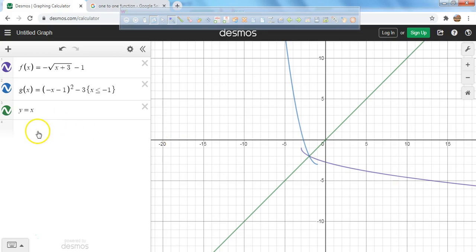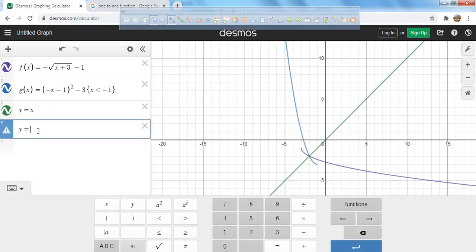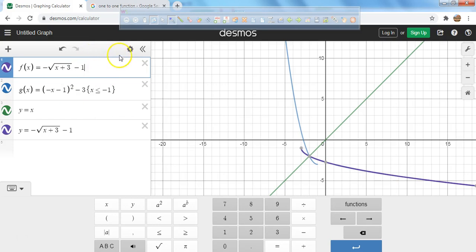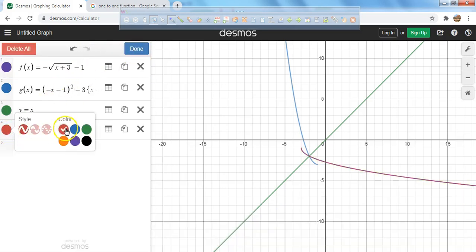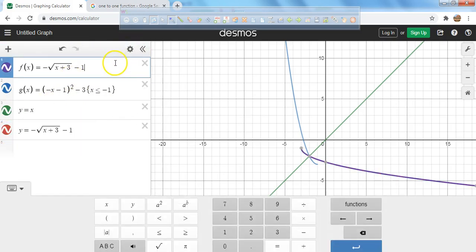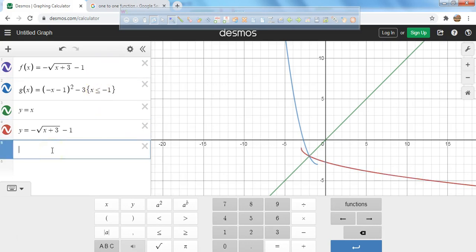Now, check this out. If I said y equaled negative, which I'm just kind of rewriting here, the square root of x plus 3, okay, minus 1, does everybody see that that purple, well, I'll change colors here. There we go. Do you see the purple graph here? See the red graph? See how that means the same thing? But here's how you can see what the inverse looks like in Desmos. It's so cool. You hit x equals, no way, yes way.